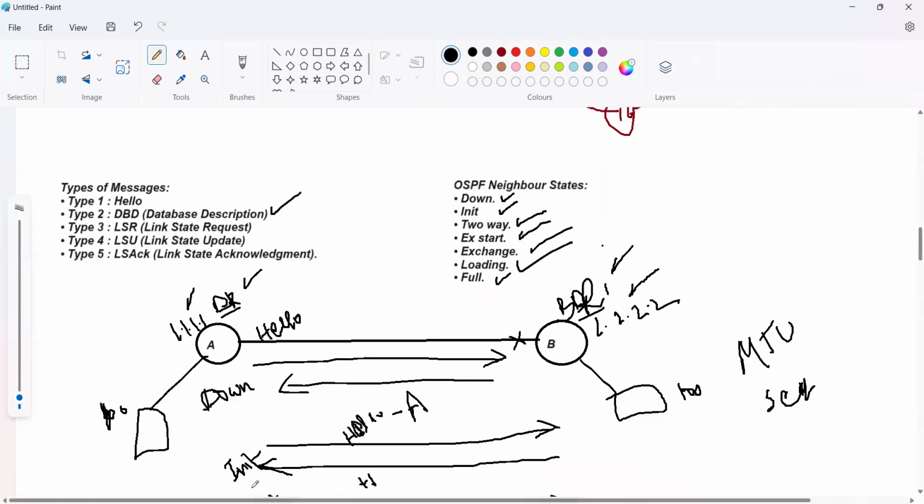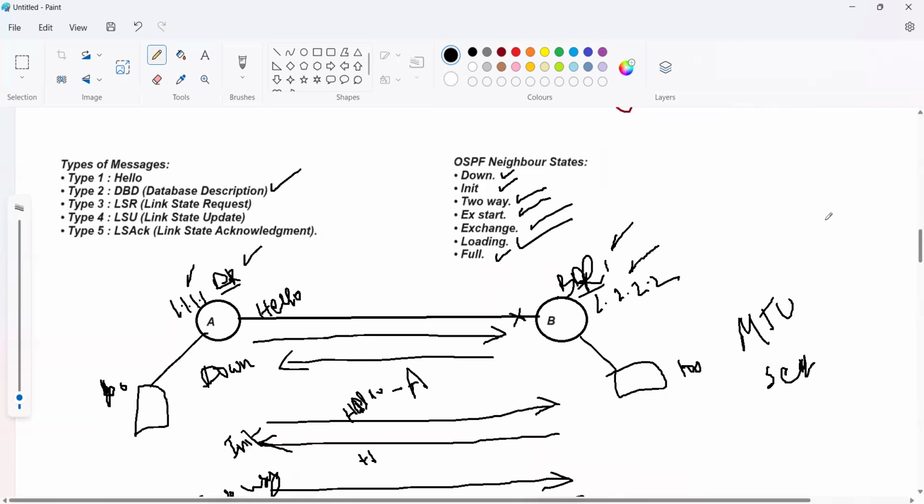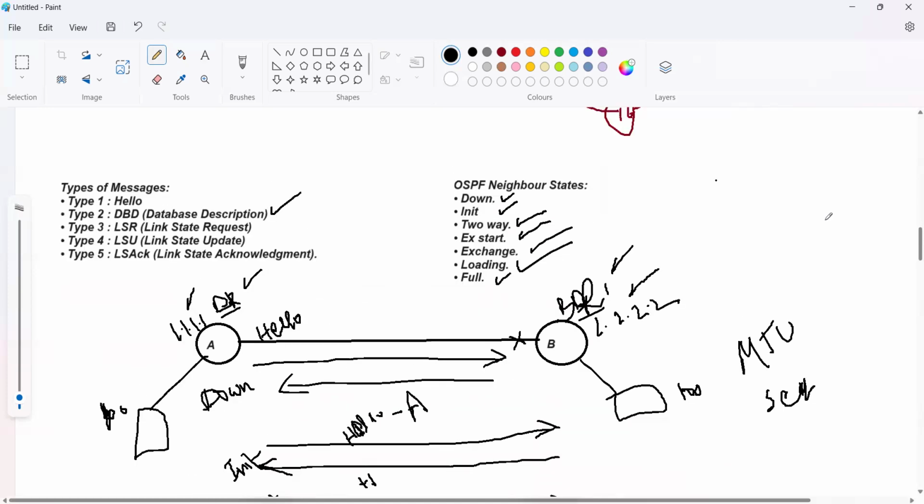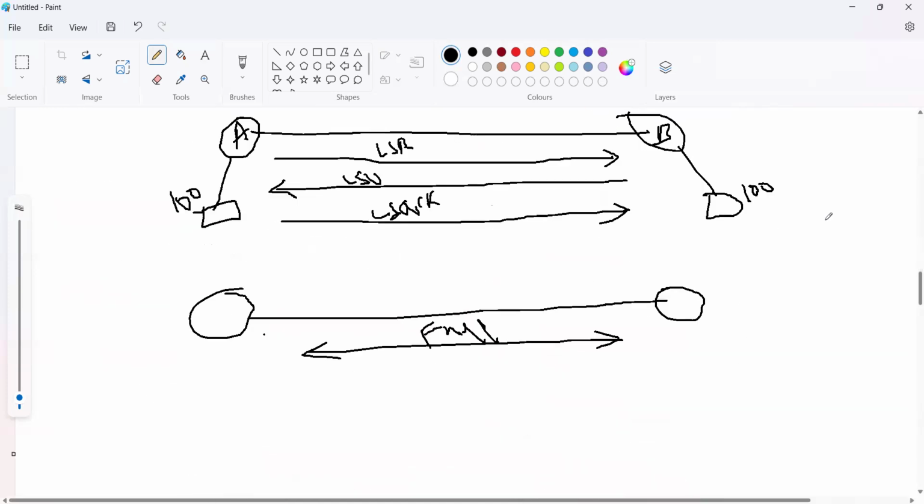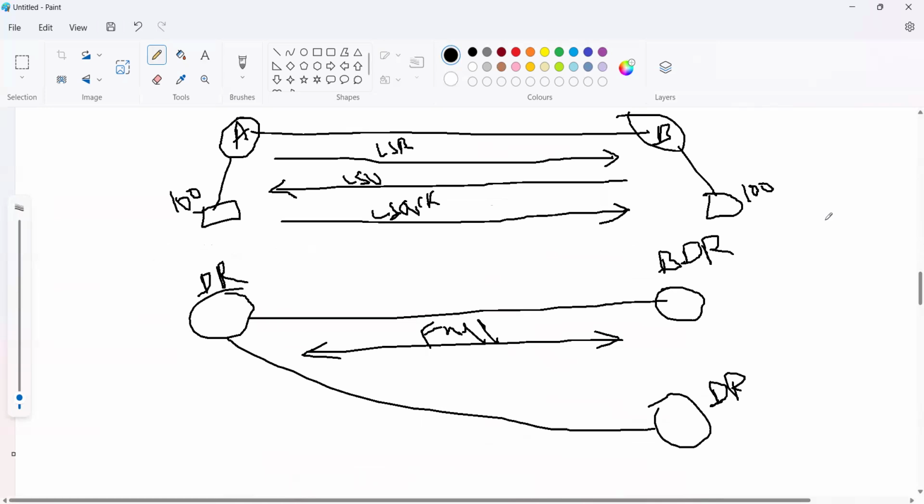In two-way state, one more router also gets stuck. So this is the DR, the designated router, and for example this is a BDR. So one more router we also have. This one is DROTHER.